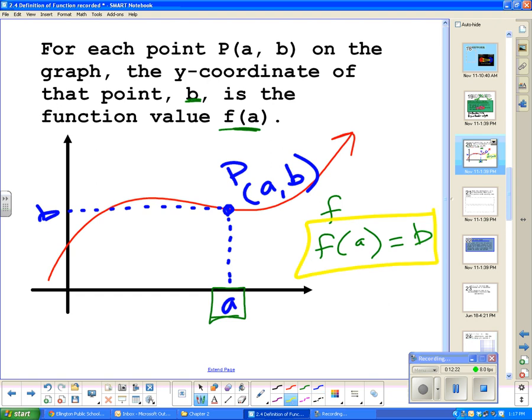We're just trying to make some connections about notation, algebraic notation, with the graphic representation of it, so we can understand and progress through pre-calculus and calculus, so on and so forth.